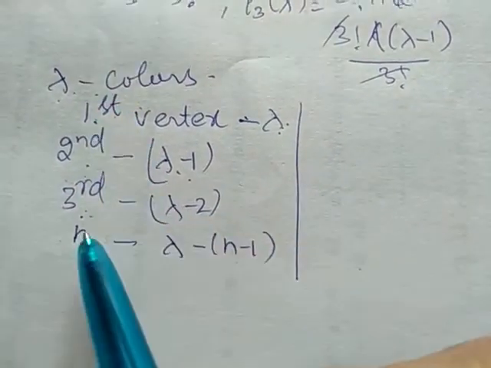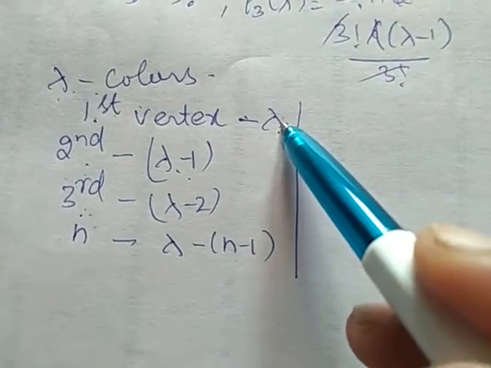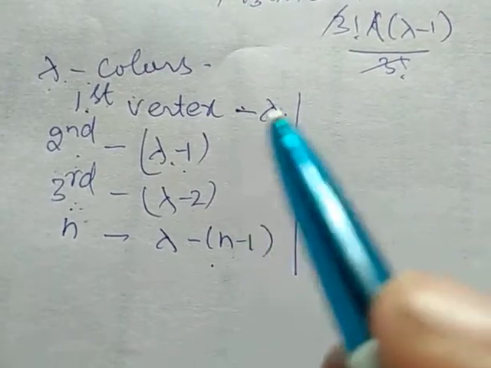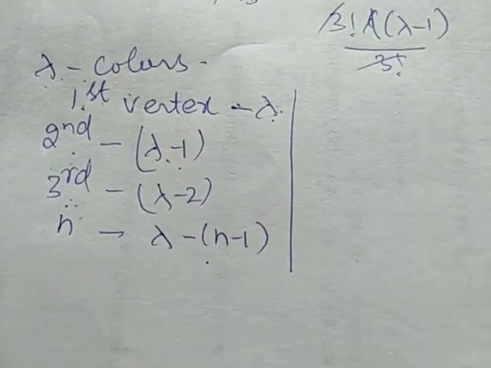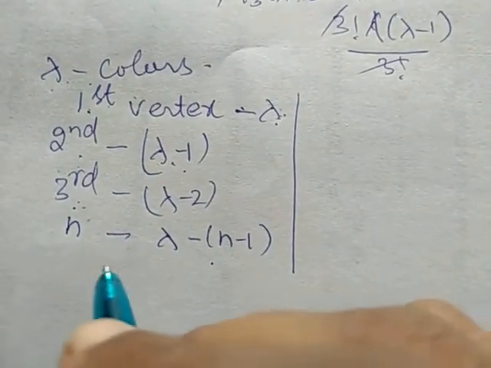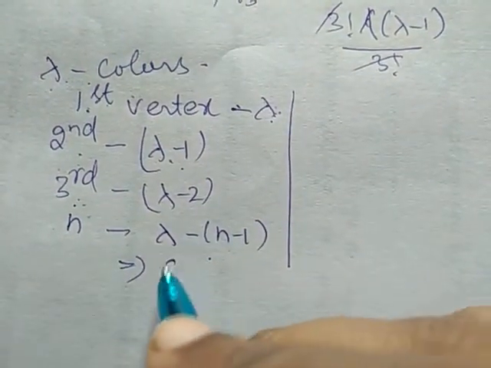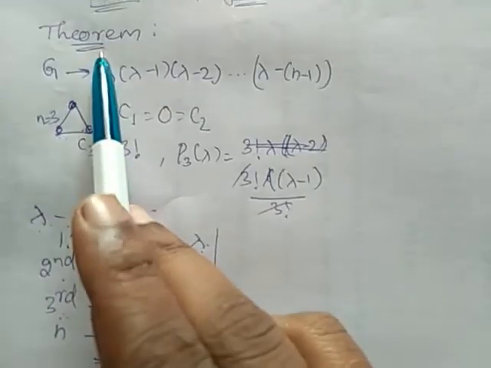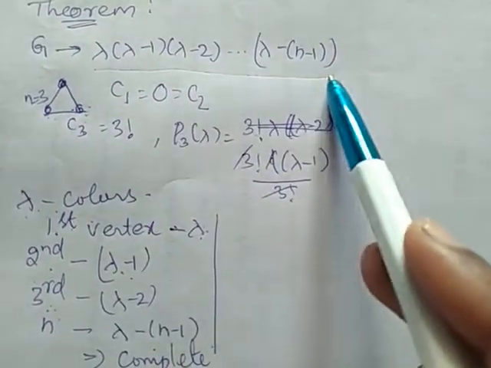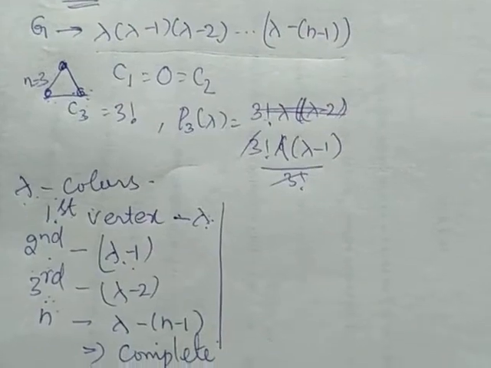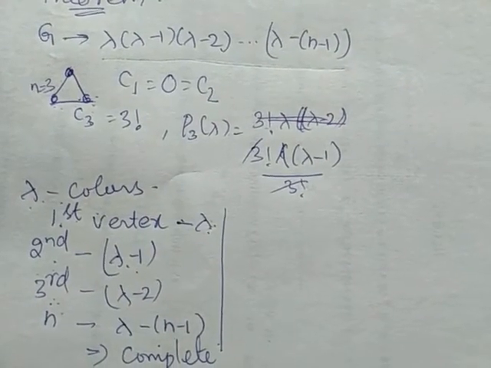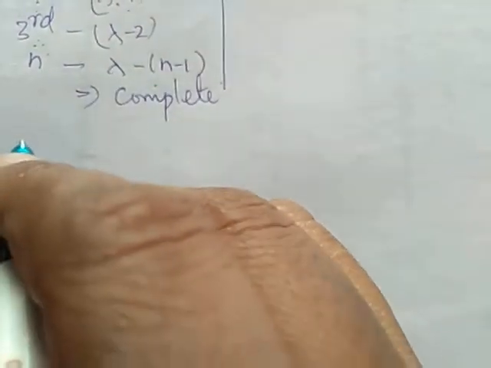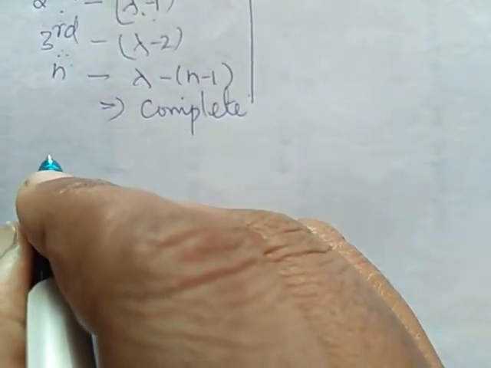But if it is adjacent, we cannot choose this color. So, this is possible only when each vertex is adjacent to all other vertices. So, this implies the graph is complete. Whenever the graph is complete, the chromatic polynomial is given in this way for a graph with n vertices.